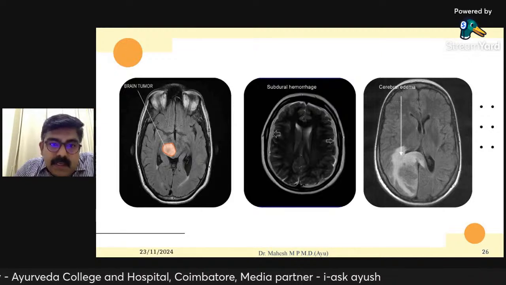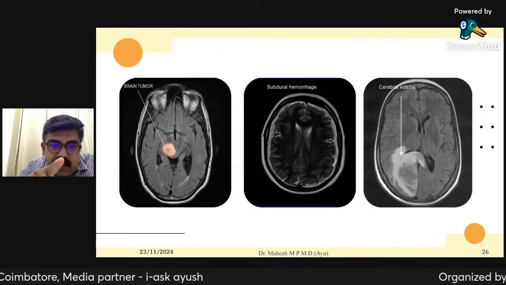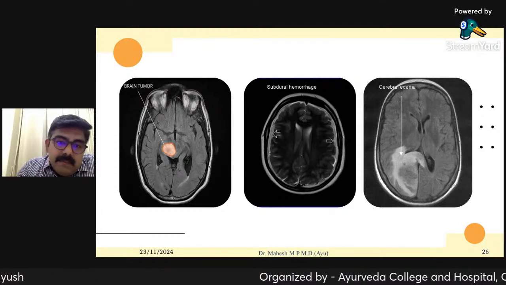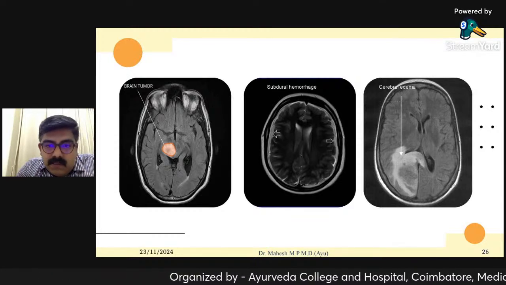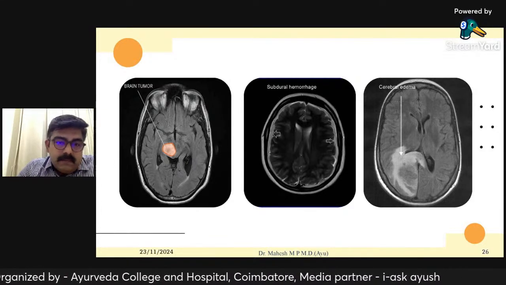Next is the subdural hemorrhage, where you can see the skull area and the sides, and cerebral edema. This is the pattern these conditions look like.